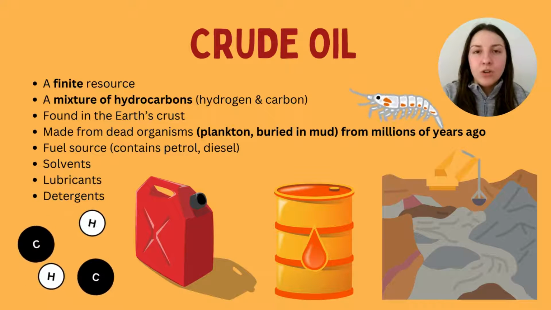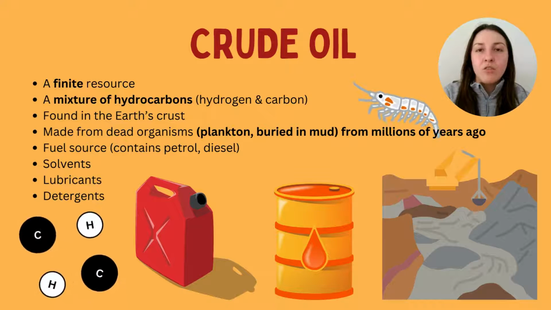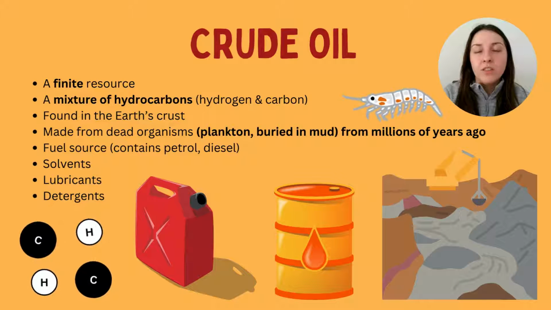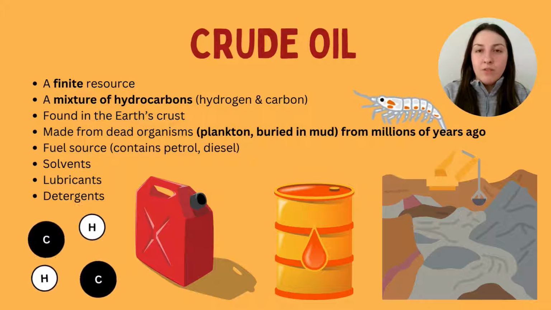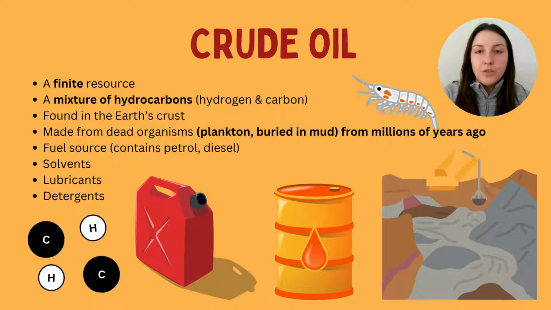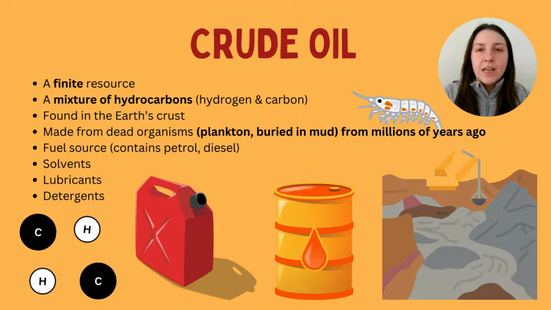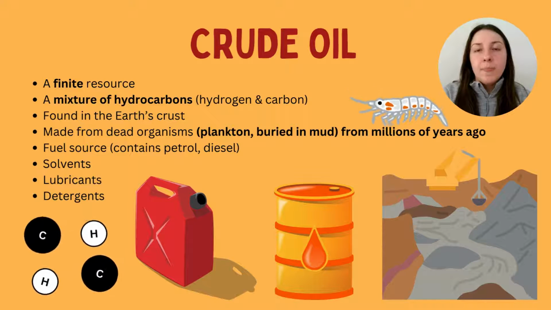If we were to dig underground, even in the seabed itself, we can actually extract crude oil from the Earth's crust. And this can obviously be very useful because crude oil can be used for many things like fuel, but also because we're digging into the earth itself, it can actually cause a lot of destruction to habitats.